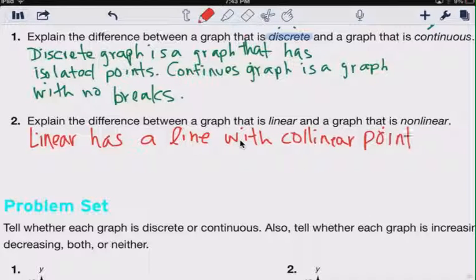And collinear points are points that are continuously together with the same rise and same run continuously. It's rise over run.